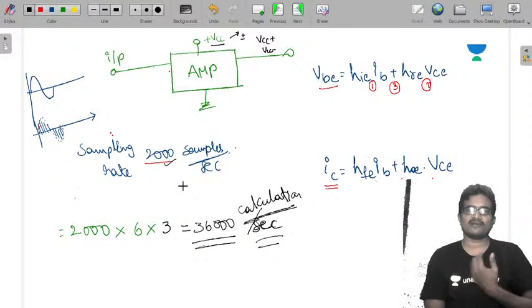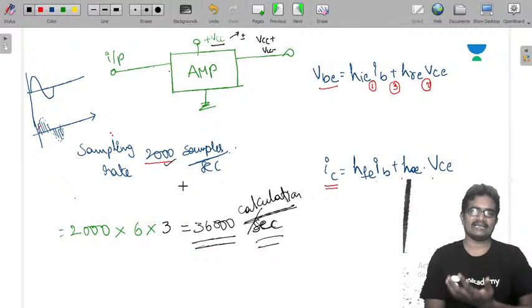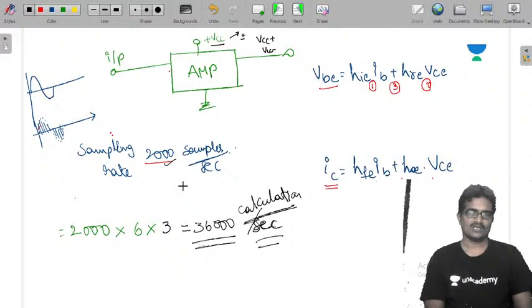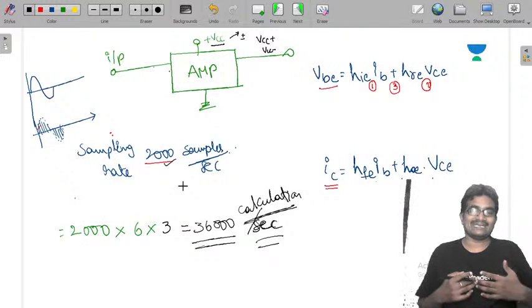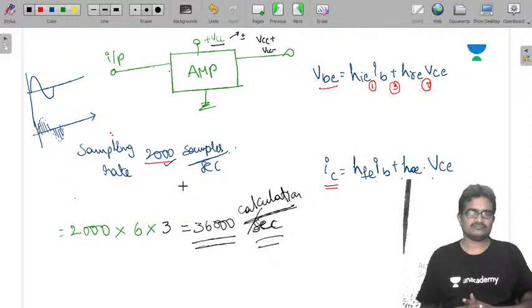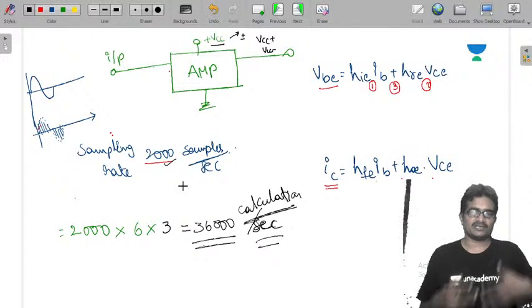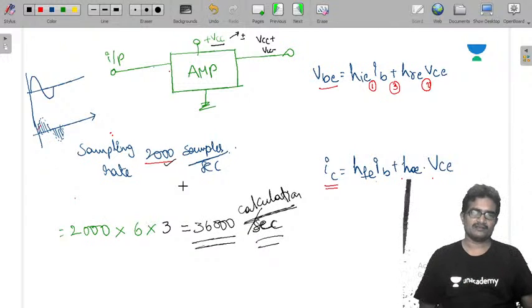Once the number of calculations are increasing, your device is taking more time to compute the output data, because it has to perform more number of calculations. Because of more number of calculations per second, it is unable to calculate properly sometimes. These are the little bit problems that take place in the amplifier.